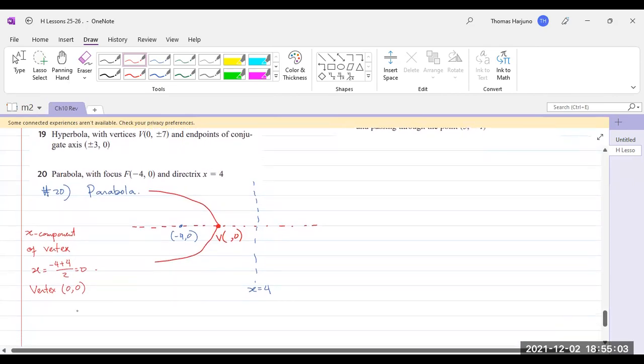Now we also see that the p, which is the distance from the vertex to the focus, is 4. In fact, it's going to the negative side, so that's negative 4.